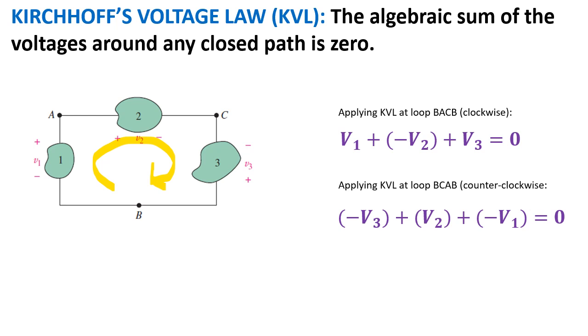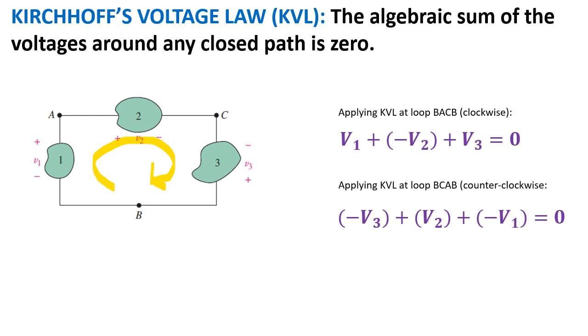Now we will consider Kirchhoff's voltage law. Kirchhoff's voltage law is one of the two Kirchhoff's laws which are very important in electric circuit analysis. It states that the algebraic sum of the voltages around any closed path in a particular network is zero.